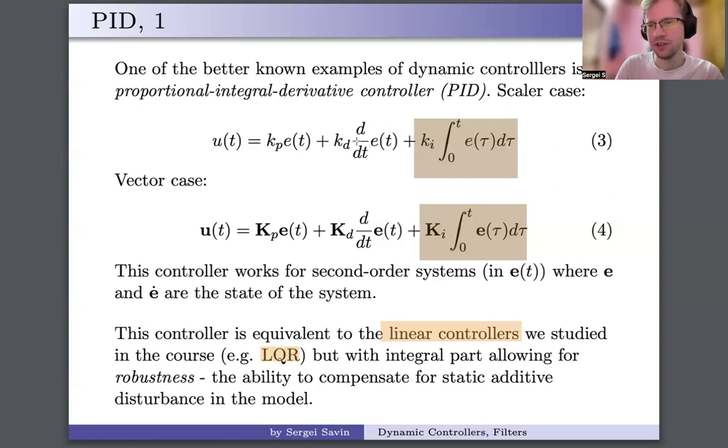Kp and Kd you can design the same way as LQR. That is a good guess if you just want to do it. It's sort of for fun. If you want to do it professionally, you would usually have manuals on how to design those coefficients well. All right. So this is PID control.